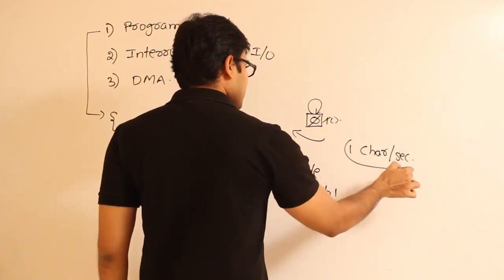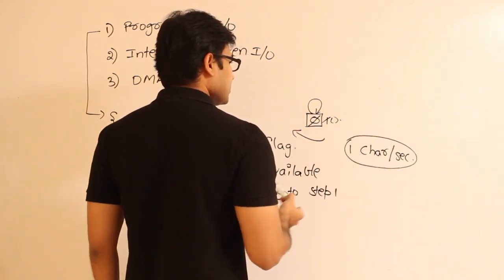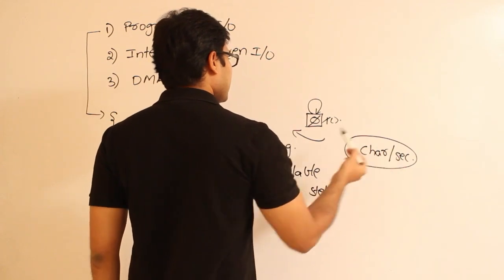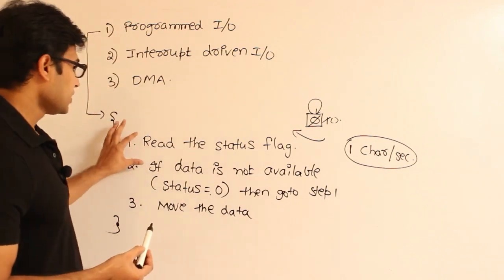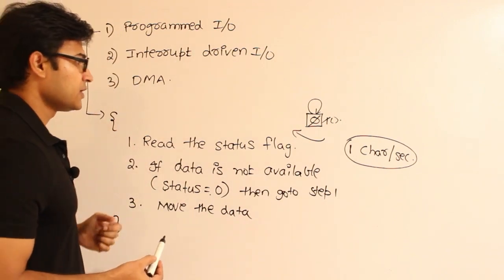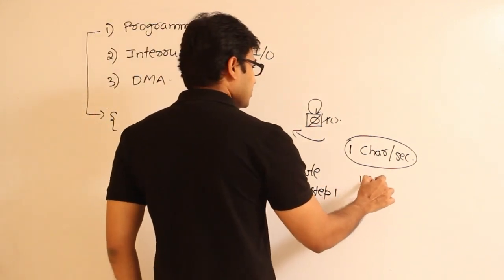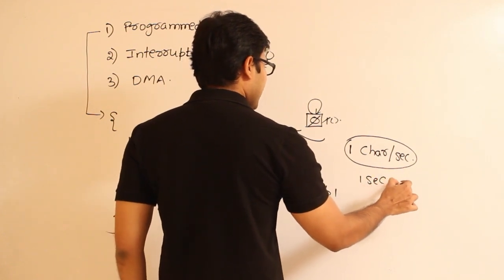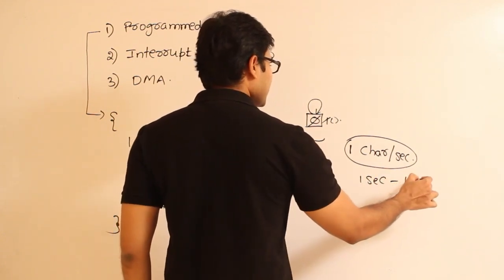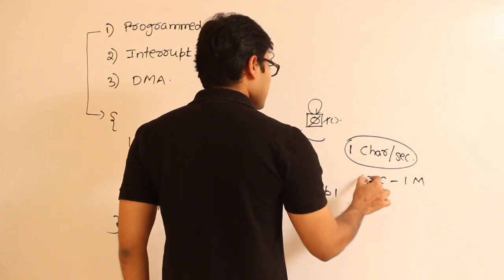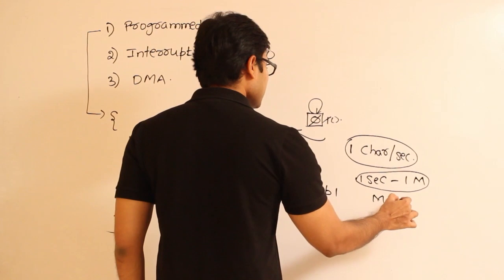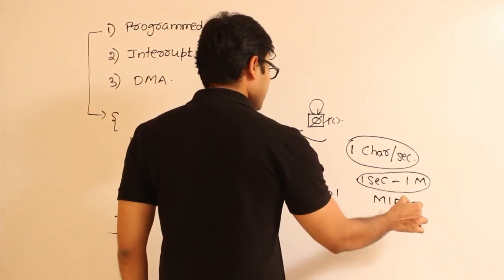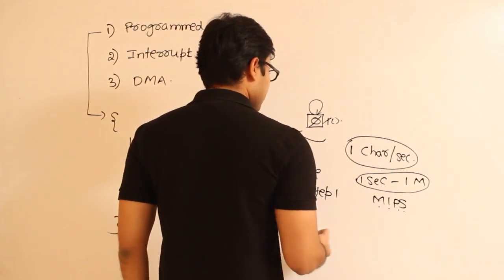The problem with this type of device is that if it provides only 1 character per second, you have to keep on executing these instructions. In 1 second, most CPUs have the capability to execute 1 million instructions. CPU power is generally given in MIPS, million instructions per second.